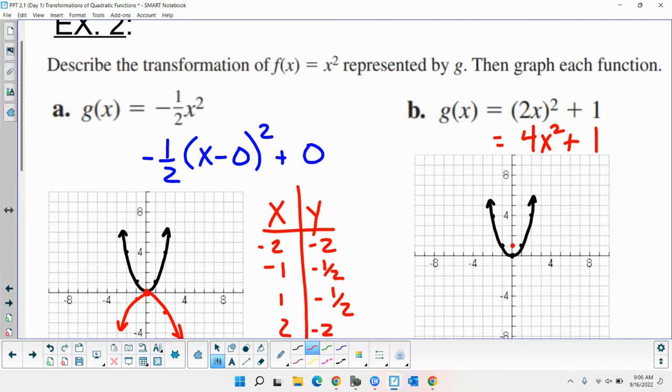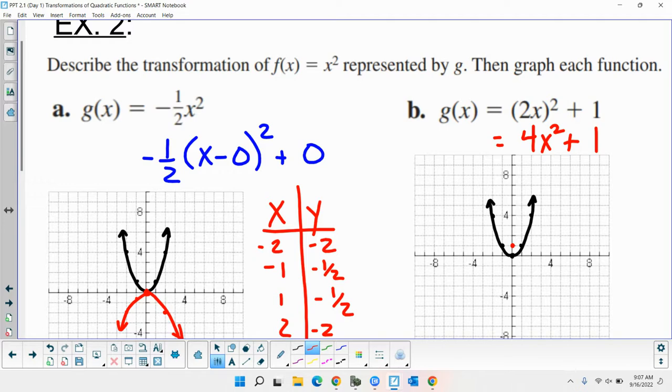So what's the reciprocal of 4? 1/4. That's between 0 and 1, so it's a compression. It's a horizontal compression. So is it going to make it skinnier, or is it going to make it wider, fatter? Skinnier, right?